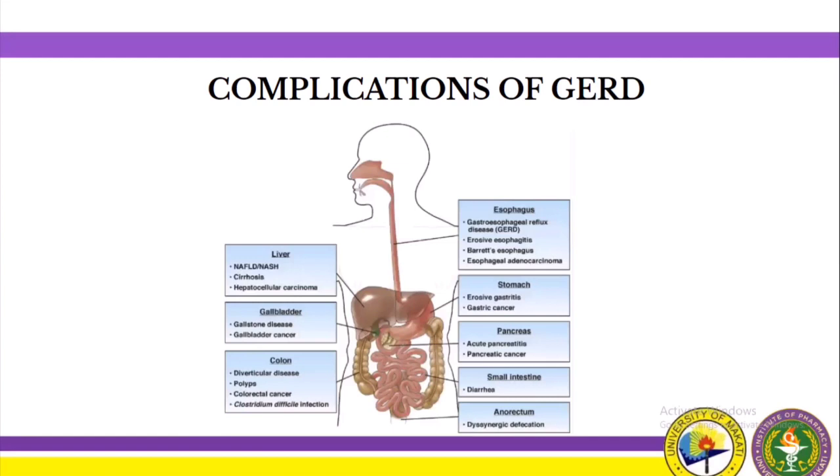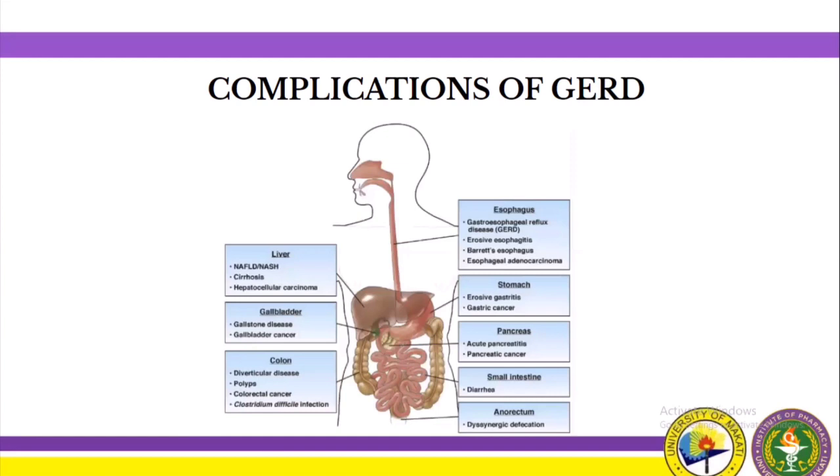In the liver, we have NAFLD, or people with GERD may be at a higher risk for non-alcoholic fatty liver disease and cirrhosis or hepatocellular carcinoma. In the stomach, it can lead to erosive gastritis and gastric cancer.